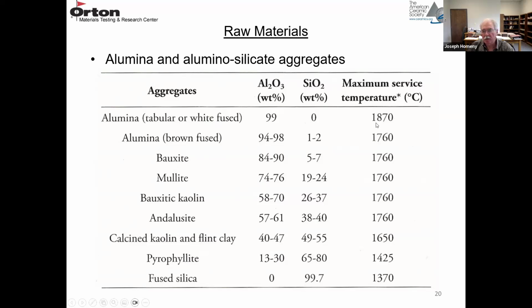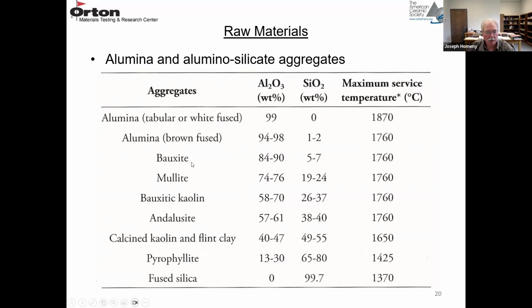And they have a pretty high service temperature, maybe 1870 degrees C. And then we also talked about brown fused alumina, has higher iron oxide content. Maybe it's 94 to 98% alumina. Some silica is present, and then the use temperature starts to drop a little bit, 1760.